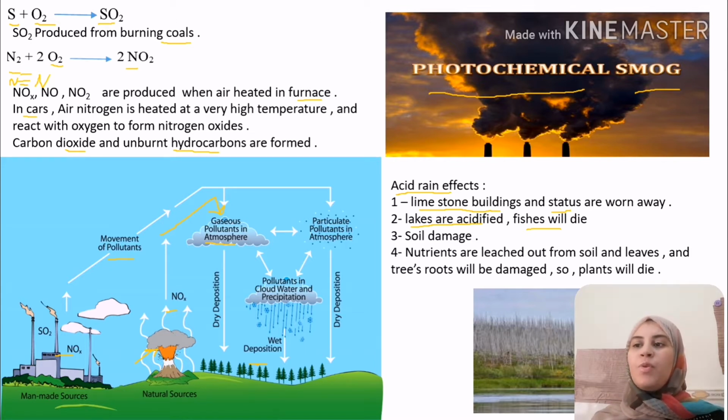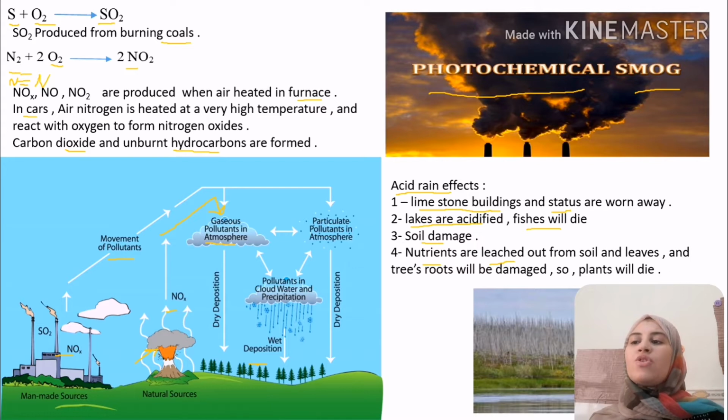Soil damage, because we said it will increase the acidity of the soil. By increasing the acidity of the soil, of course, it will kill plants. Nutrients are leached out from the soil, removed from the leaves and from the plants.